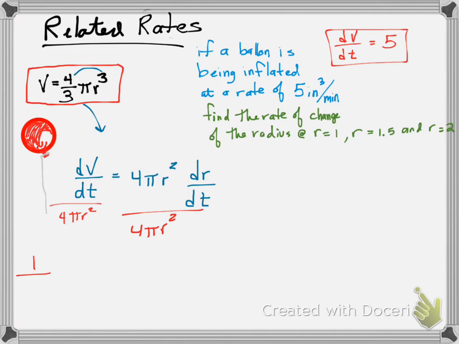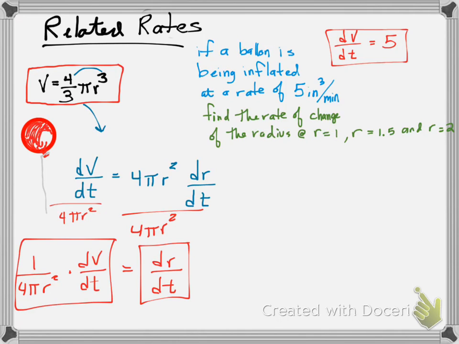And really that's 1 over 4 pi r squared times dV/dt equals dr/dt. So we solve for dr/dt. That's the rate at which the radius is changing.